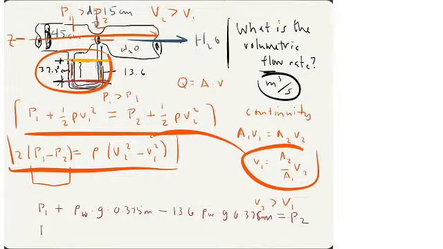So P1 minus P2 is equal to 13.6 times the density of water, 1,000 kilograms roughly per meter cubed. At different temperatures it's different densities, but it's two in the third significant figure, times gravity, 9.8 meters per second squared, times 0.375 meters.